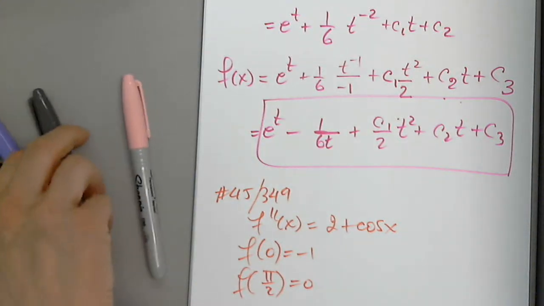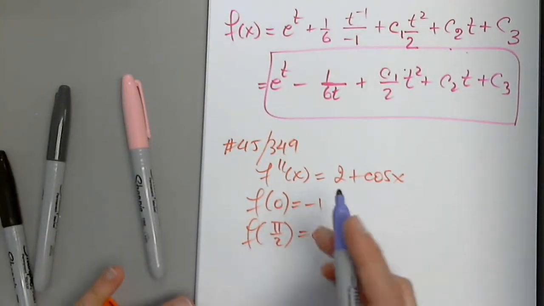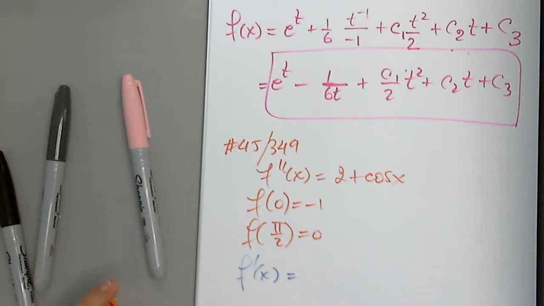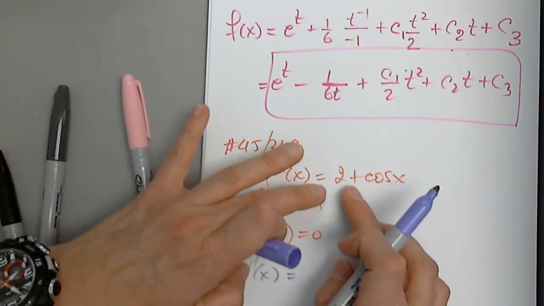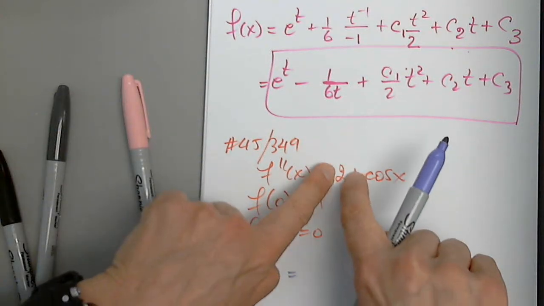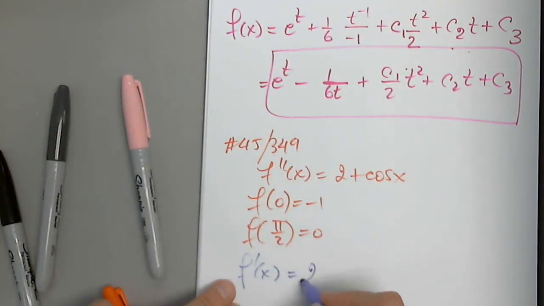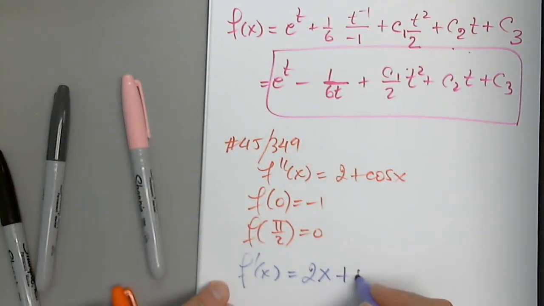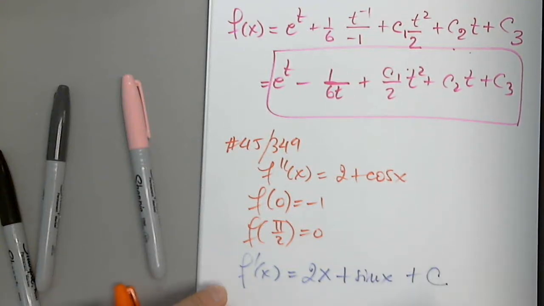Good, so now please dictate the first step. So f prime is? Negative sine x. Yes, because this, no, but remember we are going backwards. Which function prime is 2? 2x. Which function prime is cosine x? And sine plus a constant c.